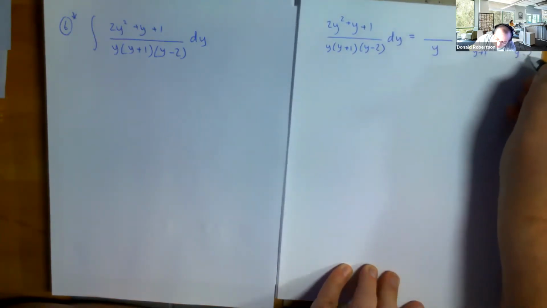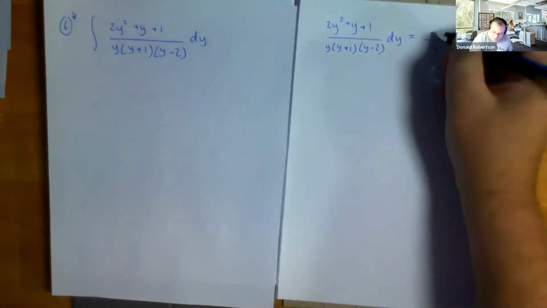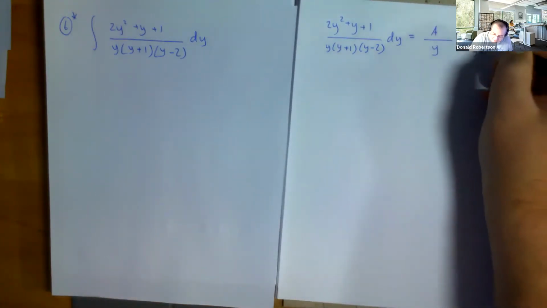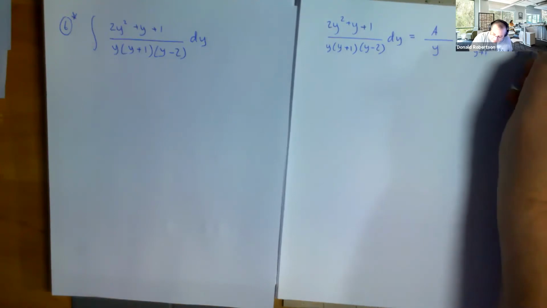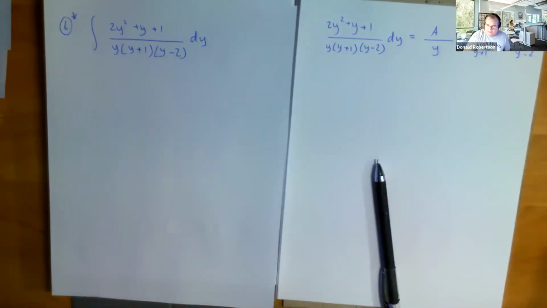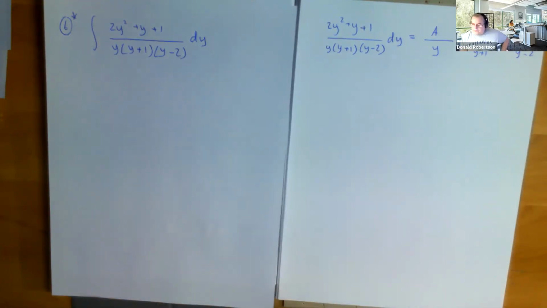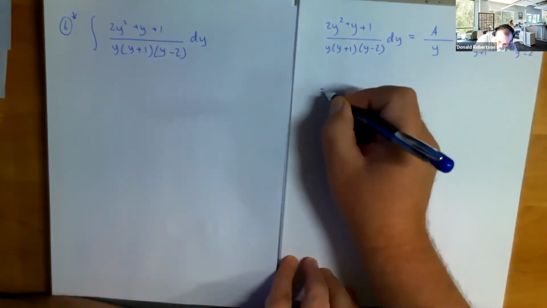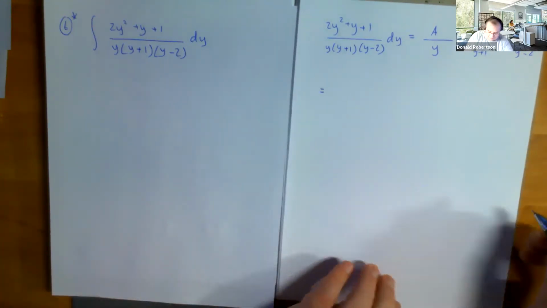And there's going to be a y take away 2. I'm going to call that A. I'm going to call that B. I'm going to call that C. So far, so good. Now, this gets a little bit messier and bigger.